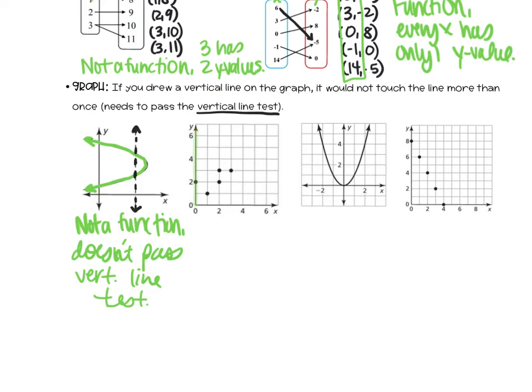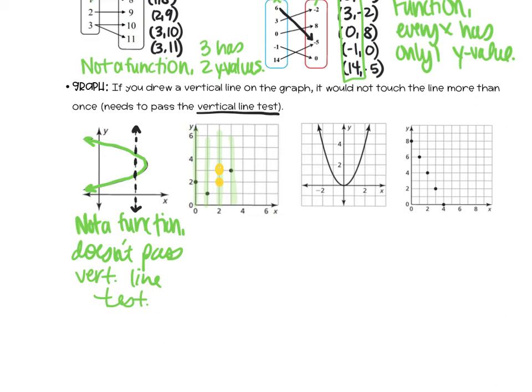So the vertical line, you can basically move along your whole graph, left and right, to see if it works, okay? So don't just draw one line. It's kind of a continuous thing. Here, it only touches once. Here, once. But on this x equals 2 point, if I drew a vertical line there, it has 2. It touches right here and right here.